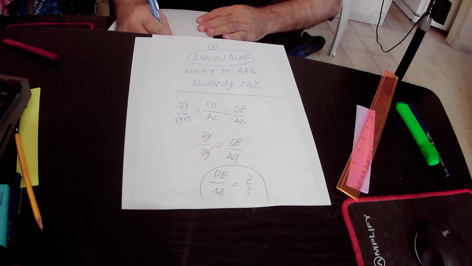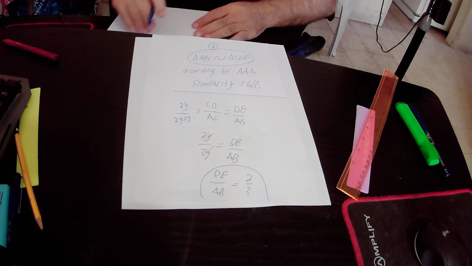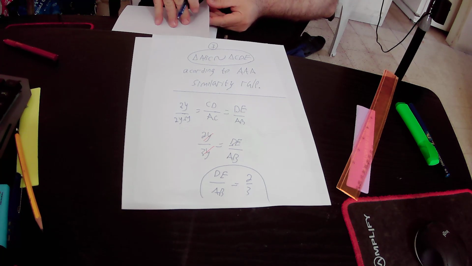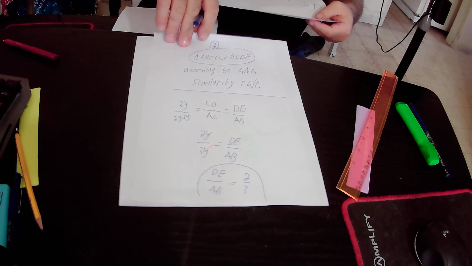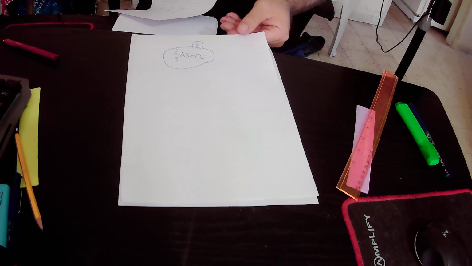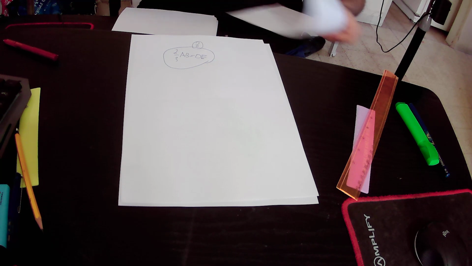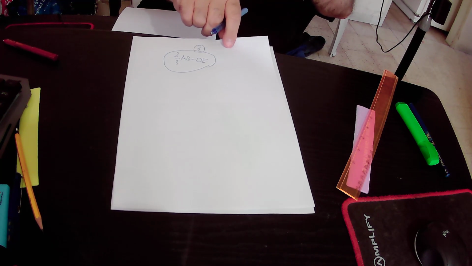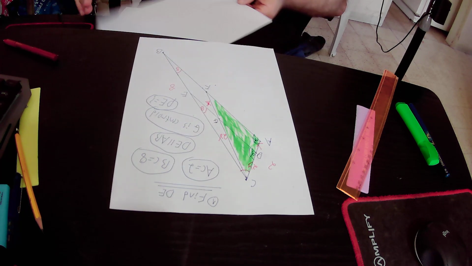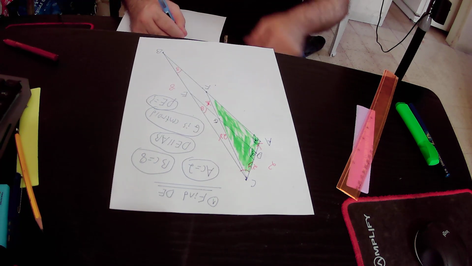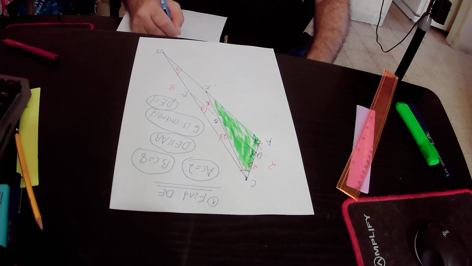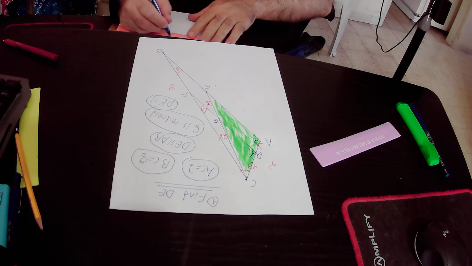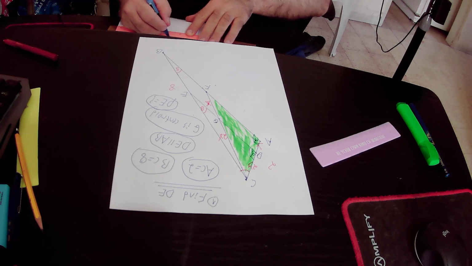DE actually equals 2/3 AB. And we actually have rule number 4. Rule number 4 states that rule number 4 is true for any triangle.